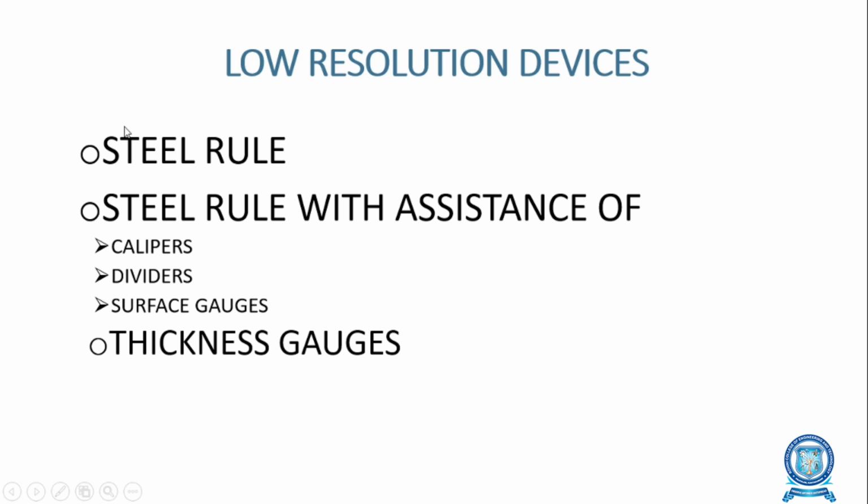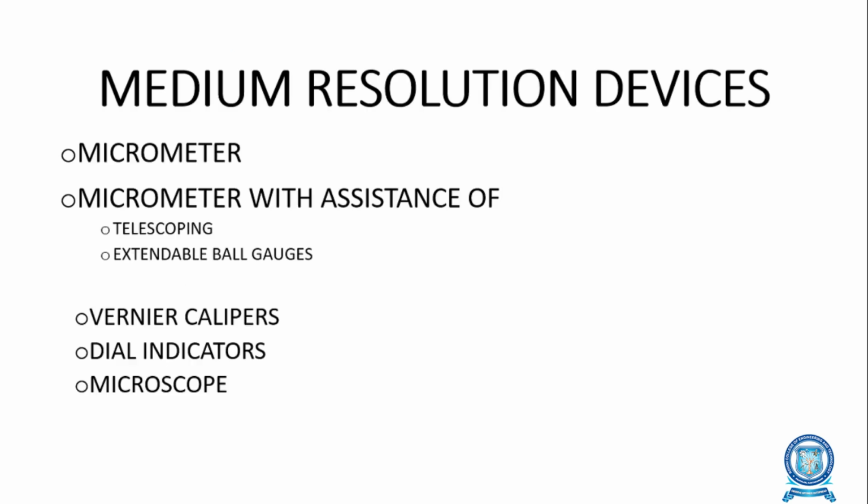A steel rule is nothing but a steel scale with measurements, and steel rule with the assistance of calipers, dividers, surface gauges, etc. These calipers, dividers and surface gauges are used with the assistance of a steel rule with dimensions. And the last one is thickness gauges. It is used to find out the thickness of any element or material.